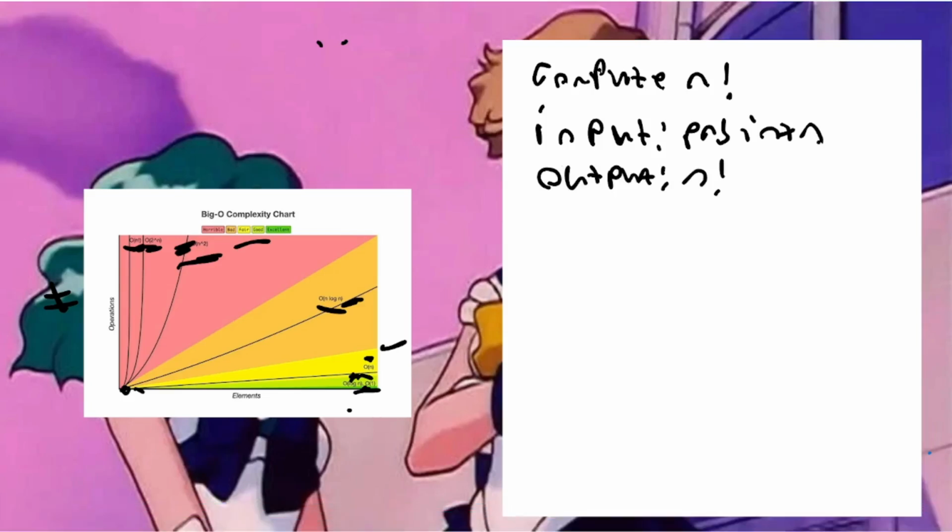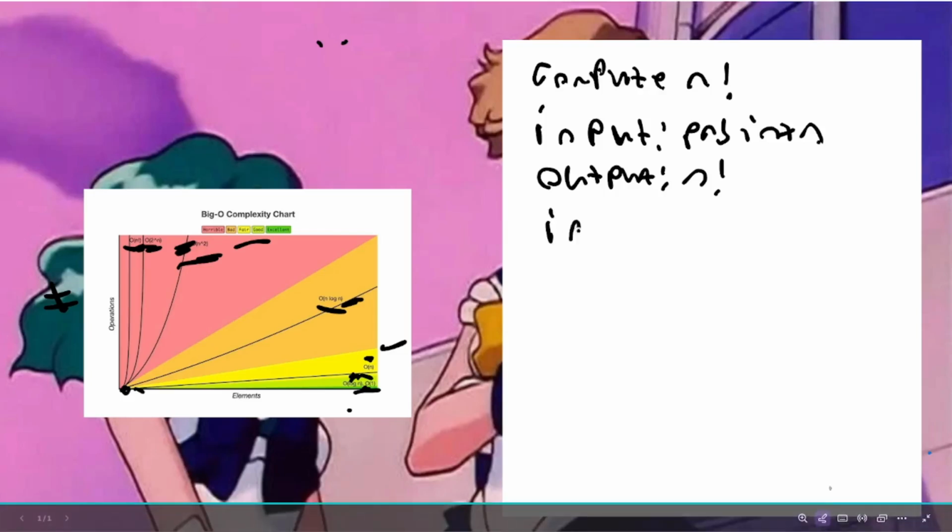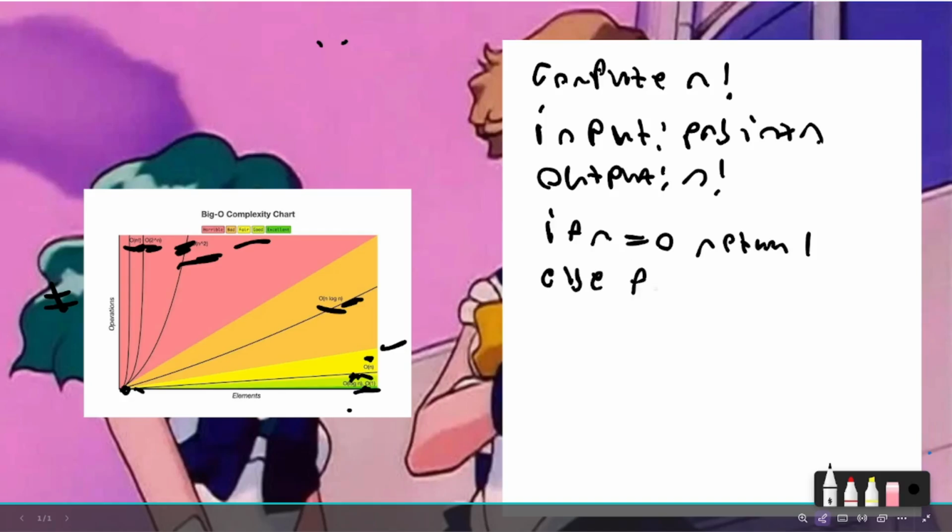So then we can write our algorithm as: if n equals 0, return 1, else return F of n minus 1 times n.